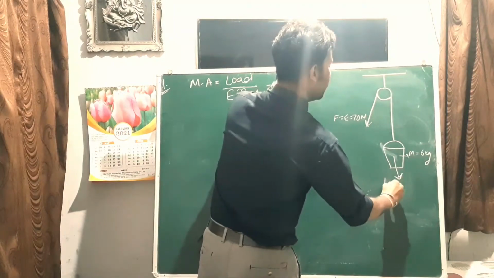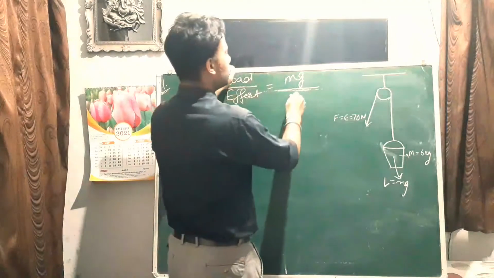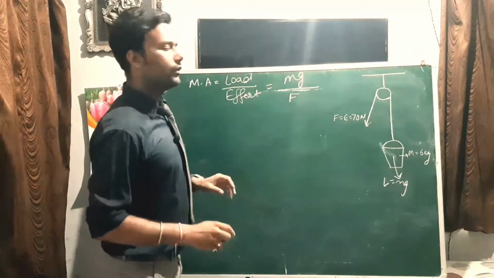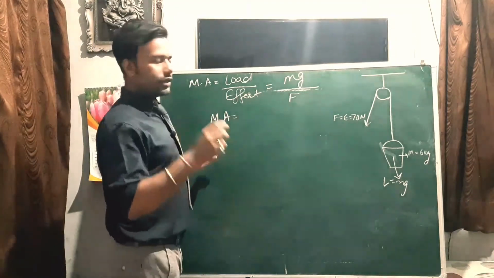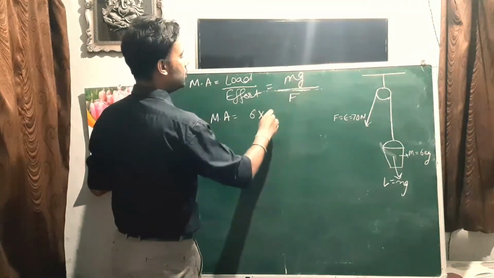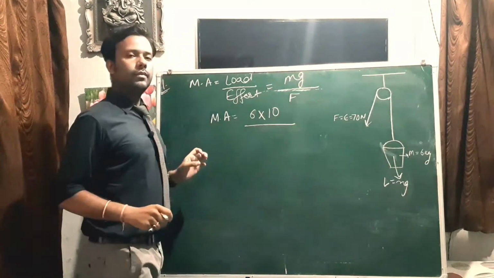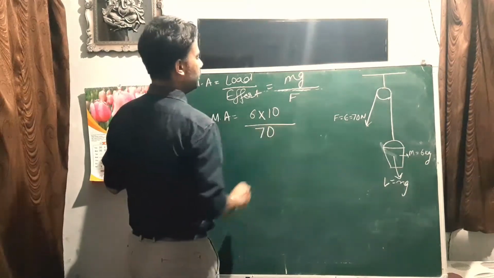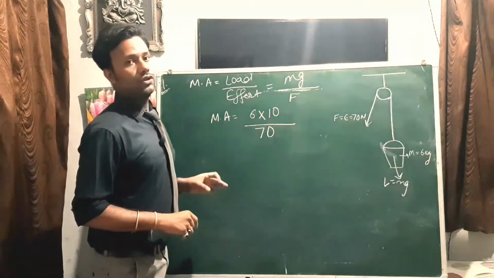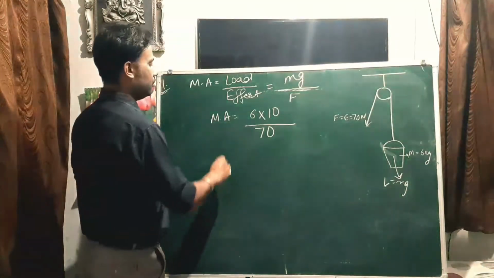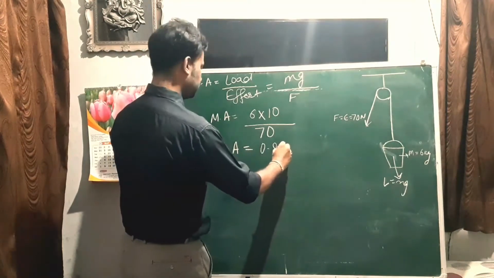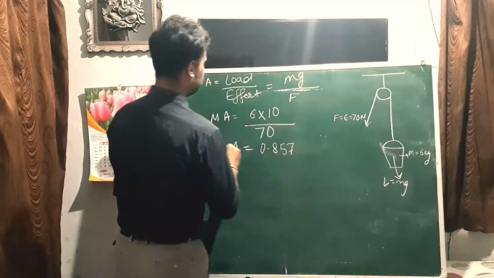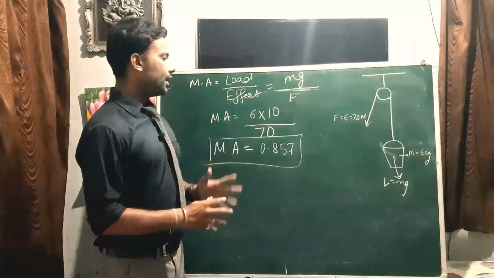Here L will be equal to mg, and effort will be equal to the force she is applying. So MA will be: m is 6, and g is given in the question, it is 10 meter per second square, and the effort or force she has applied is 70 Newton. So from here you will get the mechanical advantage in this case.